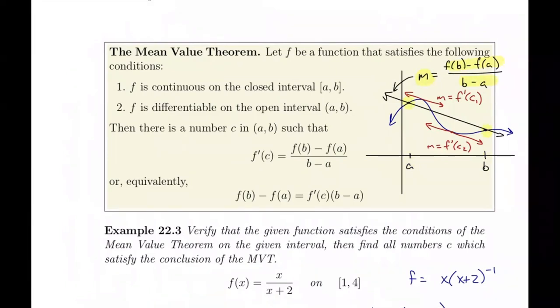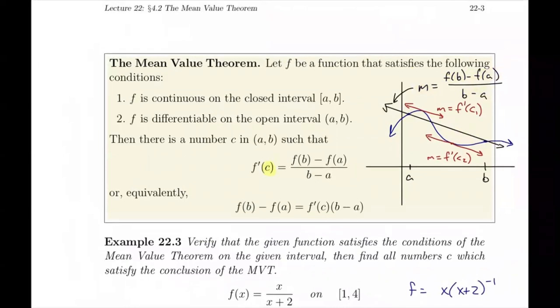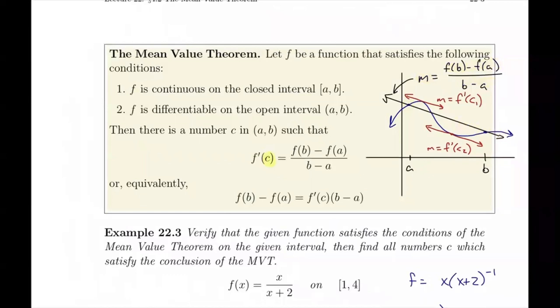It's the slope of this line that connects those two points. So that's very interesting. Now, what does the mean value theorem tell us? It guarantees that there's a number c somewhere in this interval between a and b such that f prime of c is equal to the slope of this secant line.